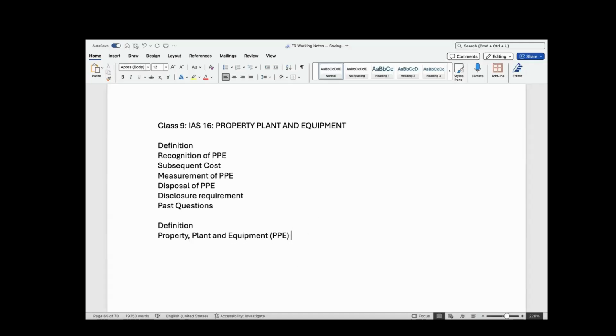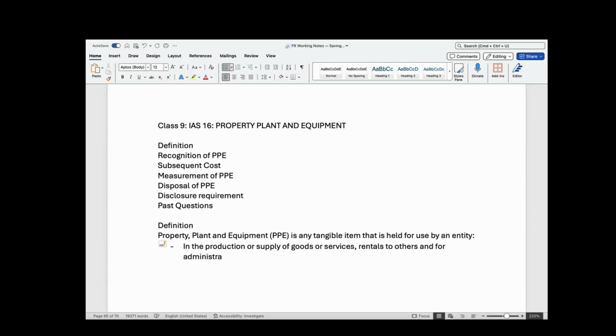So property, plant, and equipment is any tangible item that is held for use by an entity, of course, by an entity in the production or supply of goods or services, rentals to others, and for administrative purposes.